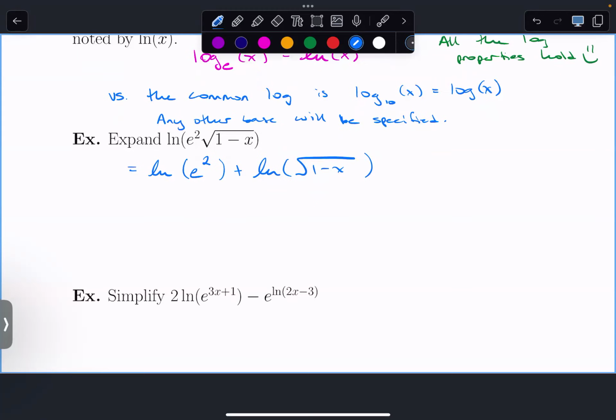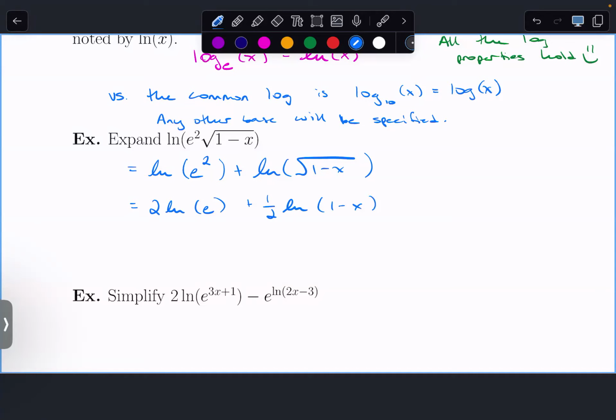Any powers I can bring down in front by the log law. I guess we don't have names for them. It's the exponent property. But 2 times the natural log of e plus 1/2 times the natural log of 1 minus x.